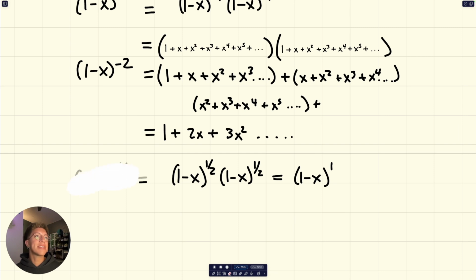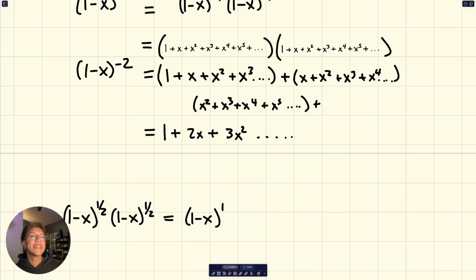And that, well, maybe that's not a good example, but this is just some on the fly kind of brainstorming how we might be able to think of a way to do this. We'll leave this to maybe someone else to solve, but if we had this and we had that, this is like right here on this side, this is 1 minus x to the negative 1. And then over here, we kind of see 1 minus x to the 1/2. So maybe with some algebra, instead of rearranging, we could somehow solve this for 1 minus x to the 1/2 and see what the binomial expansion would be for that. We'd expect it to probably be infinite as well.